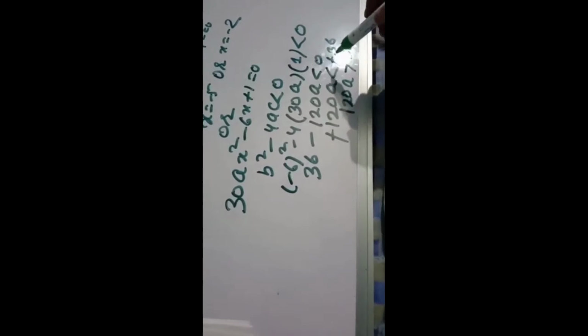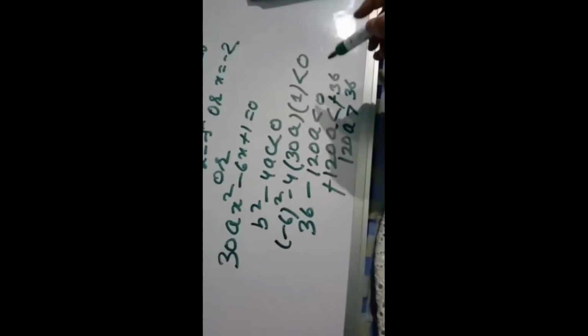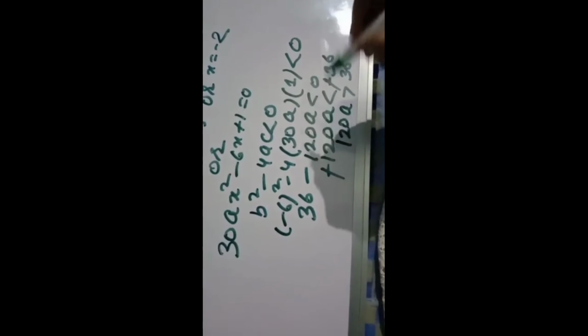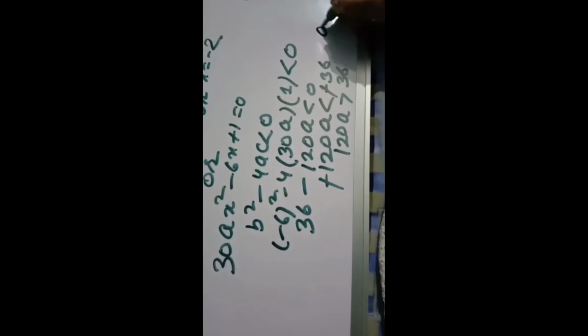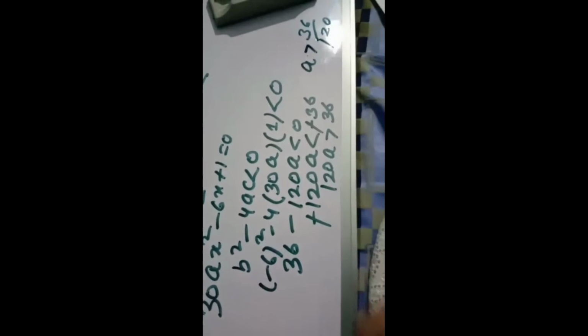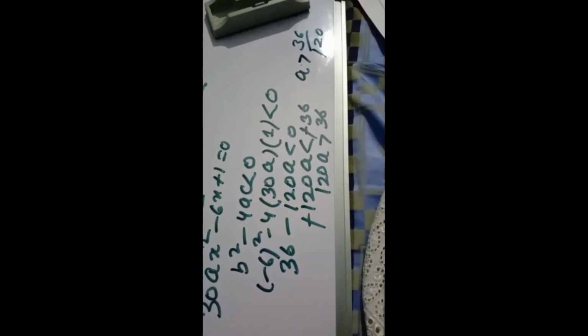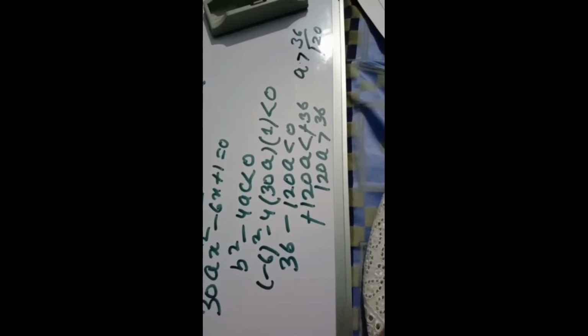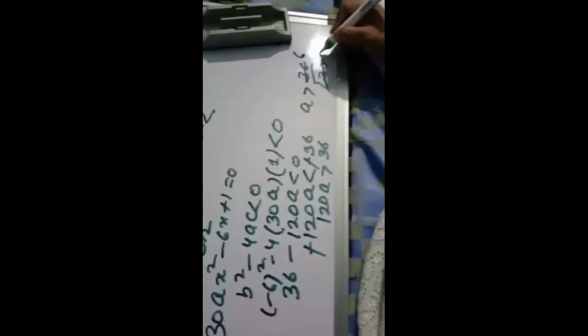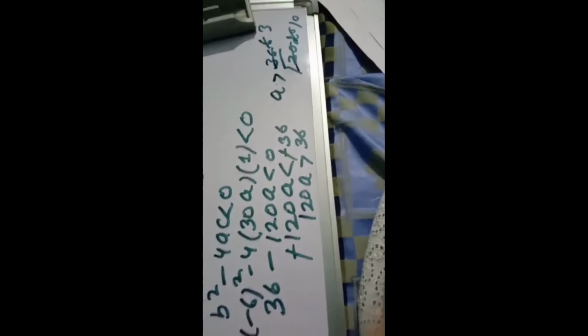This point you have to note, because 2 is less than 3, but minus 2 is greater than minus 3. So the sign is always changing. So the a value will come 36 over 120. This is the way you will solve the a value further. 6 sixes are 36, 6 twenties are 120. Now 2 threes are 6, 2 tens are 20. So a should come greater than 3 by 10. So this is the answer.